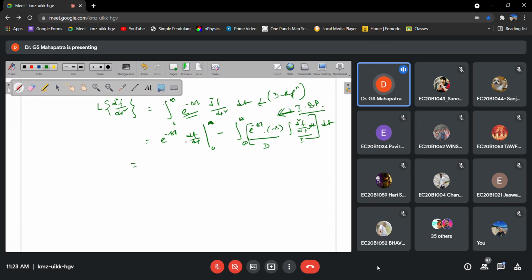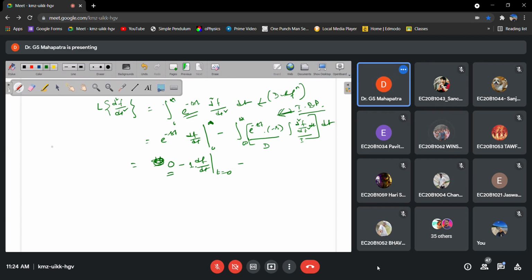Since the function f(t) is bounded, the derivative will also be bounded. So this part we will get as df/dt at infinity minus df/dt at t equals 0, the upper limit minus the lower limit. The derivative of a bounded function need not be zero, but we will get some particular value, so it is 0 if it is infinity.